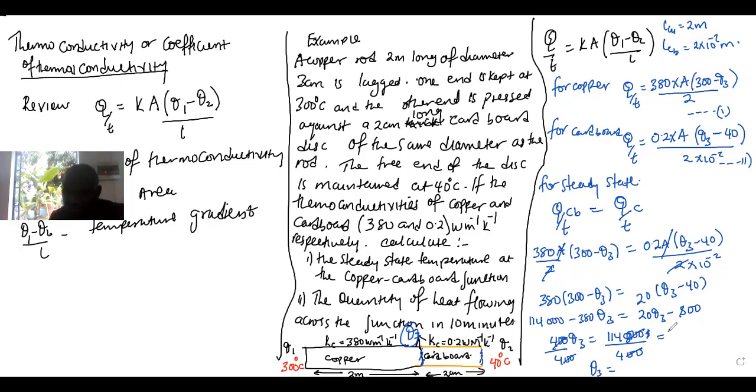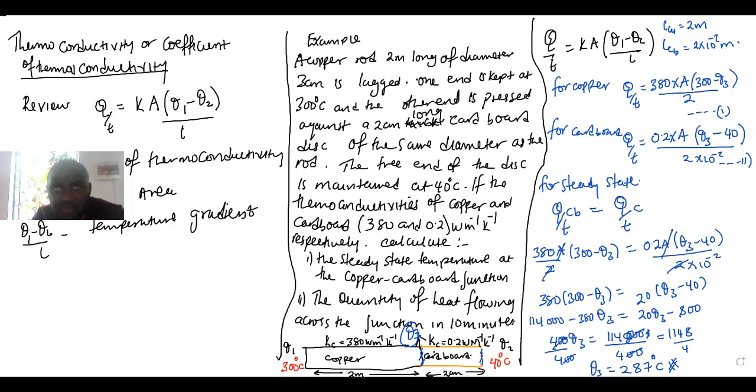We're dividing to get 1148 divided by 4, which gives us 287. 287 degrees Celsius. And indeed, the temperature there should be lying between 300 and 40. So it is between 300 and 40.